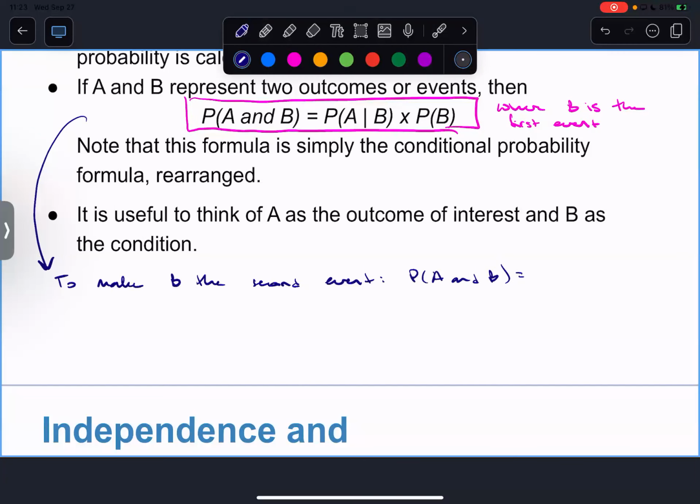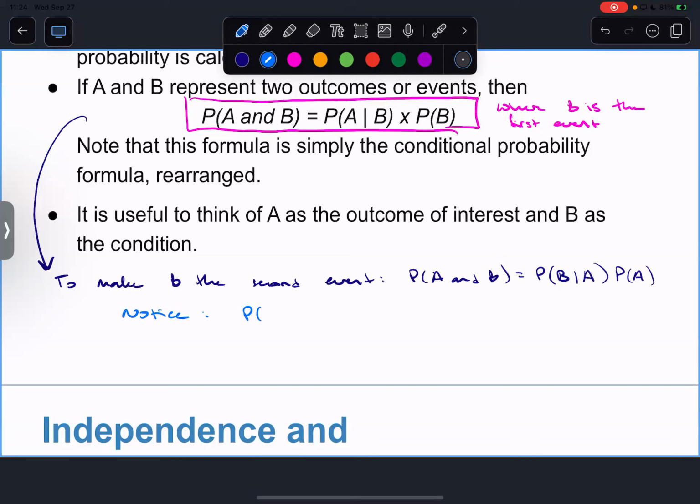But it would have to be the probability of B given A times the probability of A. We've seen this formula mere moments ago, right? We've just rearranged it.